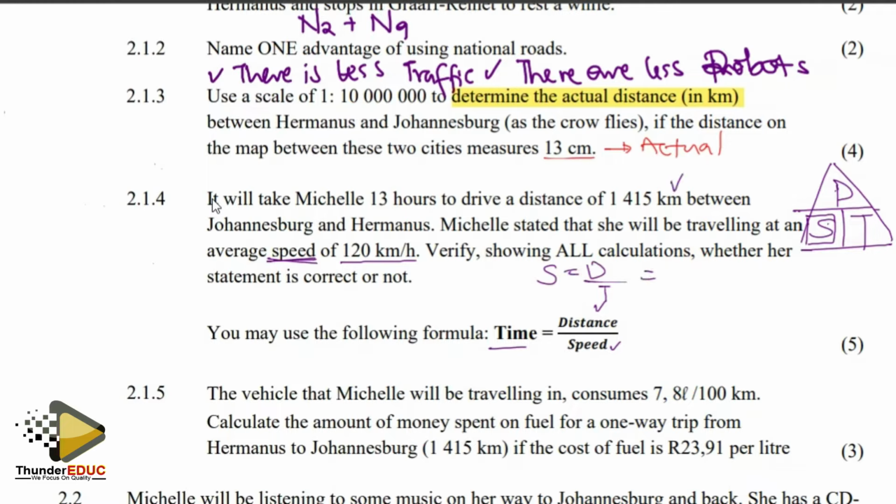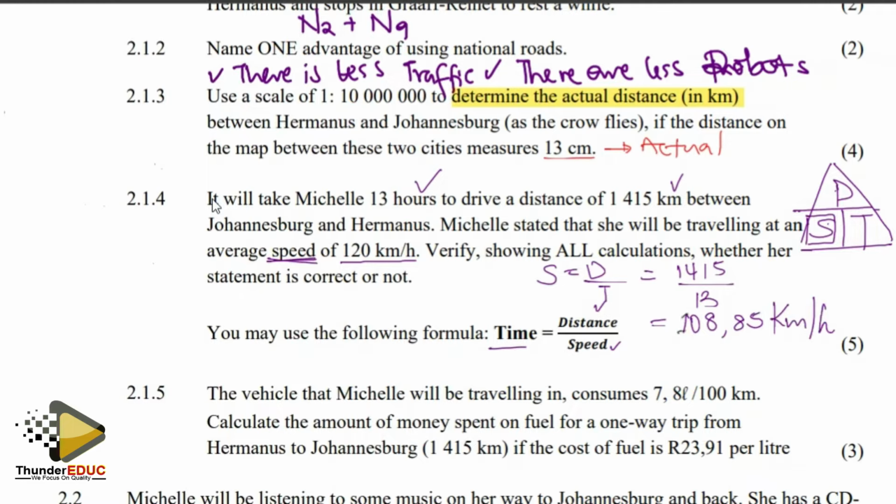The distance we are given as 1,415, divided by the time, which is already in hours, 13. So the final answer is 108,85 kilometers per hour.